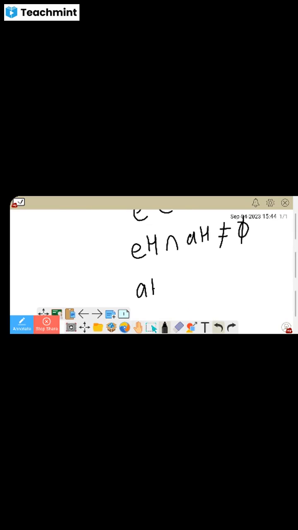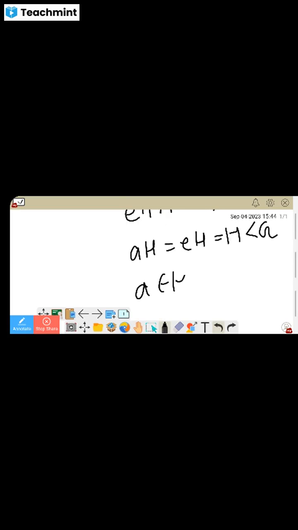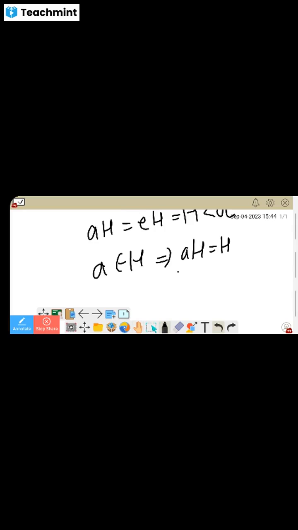AH is equal to EH is equal to H, which is a subgroup of the group G, and A belongs to H gives AH is equal to H. We have done this property already.